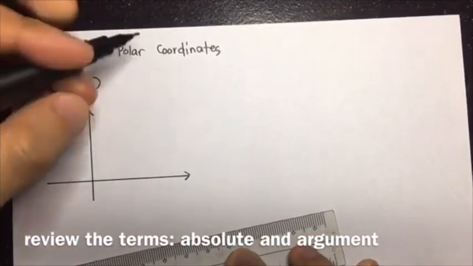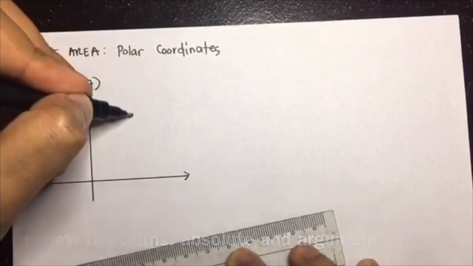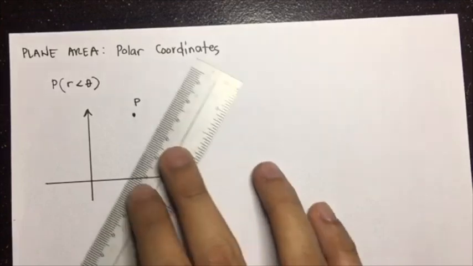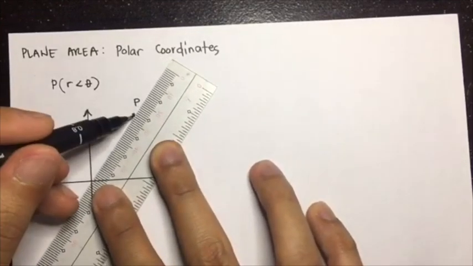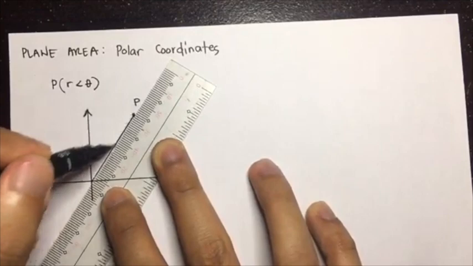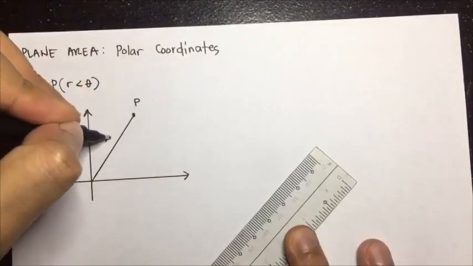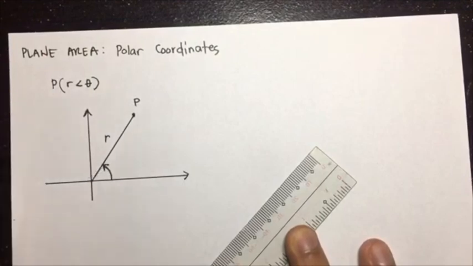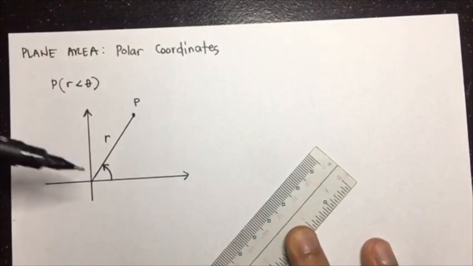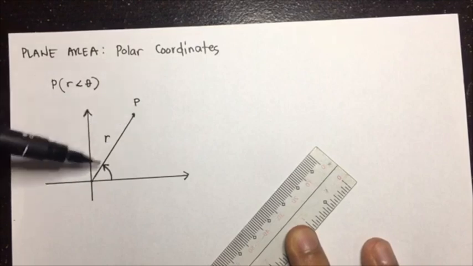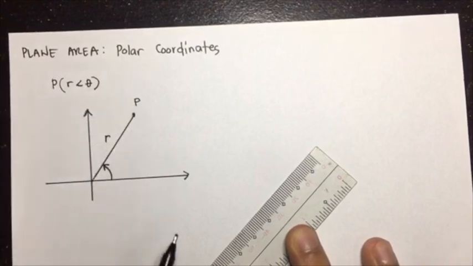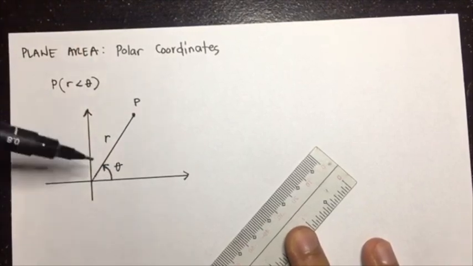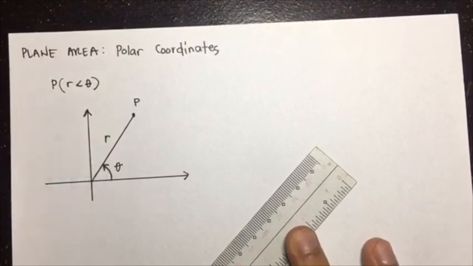Say for example this is our point P. So r is the distance from the origin to that point, and theta is the angle that this line makes with the positive x-axis. This is theta. It is measured counterclockwise positive.